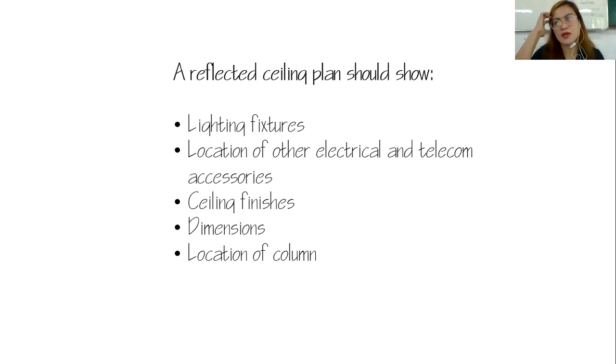Basically, what you're going to use are symbols. Like if floor finishes is FF, for the ceiling finishes it's CF. Then the number indications, and put it on your legend. So that's how you're going to detail it.